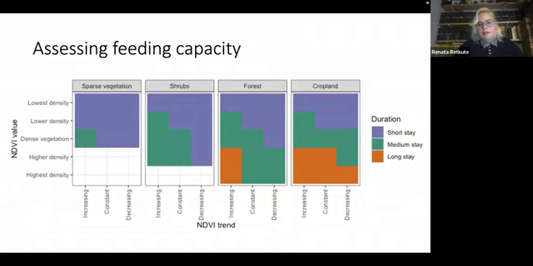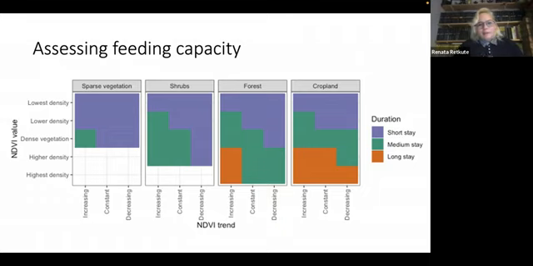There are 3 aspects which determine what's happening on the ground. First, land cover, for which I'm using the Copernicus classification. I divide it into sparse vegetation, shrubs, which also include other types of vegetation like herbaceous vegetation, forest, where I put all the forest divisions into one type, and cropland.